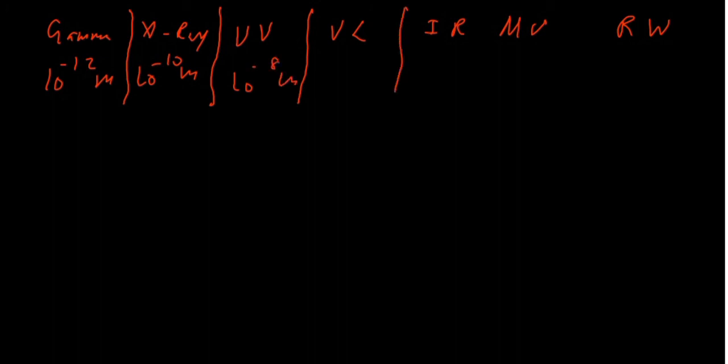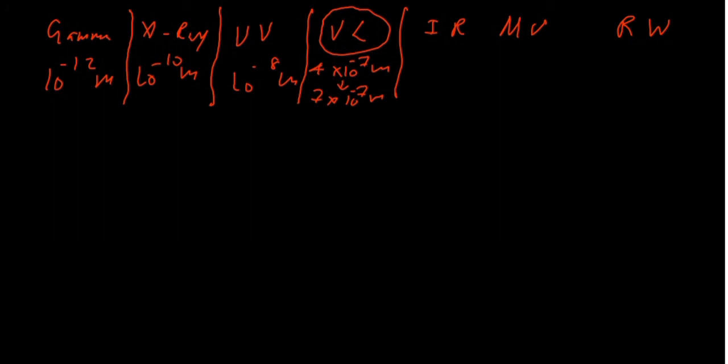Visible light, instead of reducing by 2, now visible light, this is where you find the 7 colors of the rainbow. So you can find all wavelengths from 4 times 10 to the power negative 7 meters up to 7 times 10 to the power negative 7 meters. So 4 times 10 to the power negative 7 meters is the same as 400 nanometers. 7 times 10 to the power negative 7 is the same as 700 nanometers.